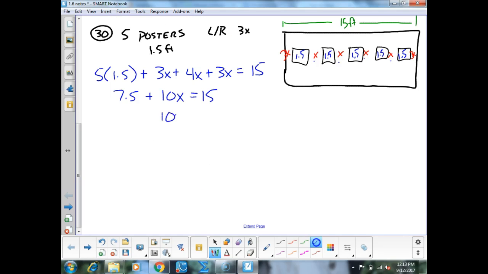So 10x is 7.5. So x is going to be 0.75 feet.